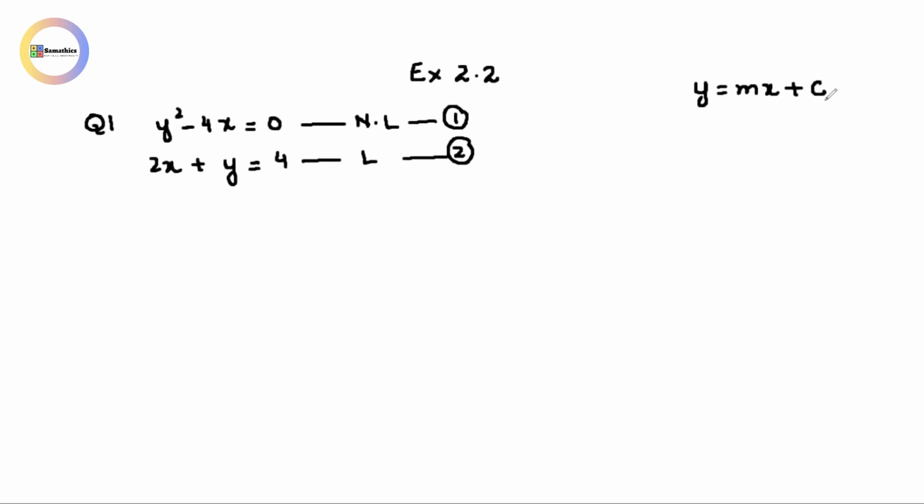C is for constant. Now, in this equation, if you see y, it has one term which has only y. There is another term which has only x, and there is one term constant, right? So this equation is linear equation which can be written in this form, y is equal to mx plus c.